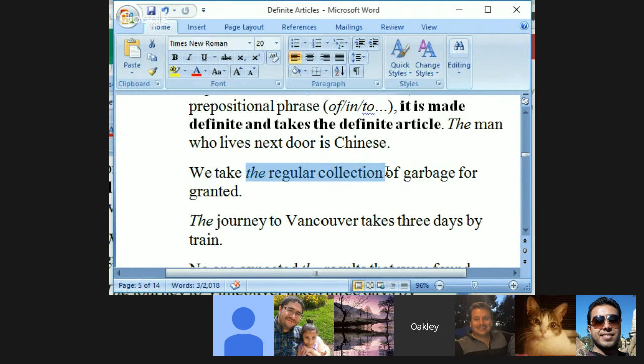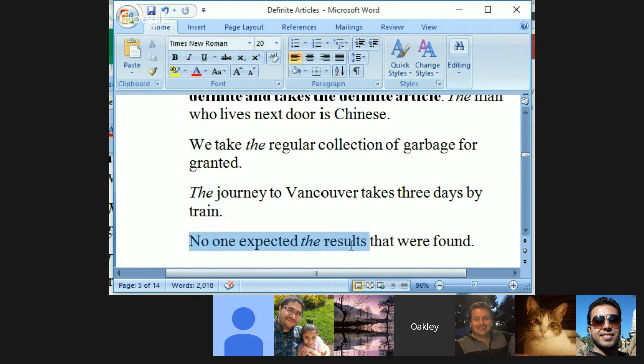What collection? Which what? Of garbage. Which journey? The journey to Vancouver takes 3 days by train. So this is considered to be enough of a definition to use the. This can be very tricky, quite honestly.